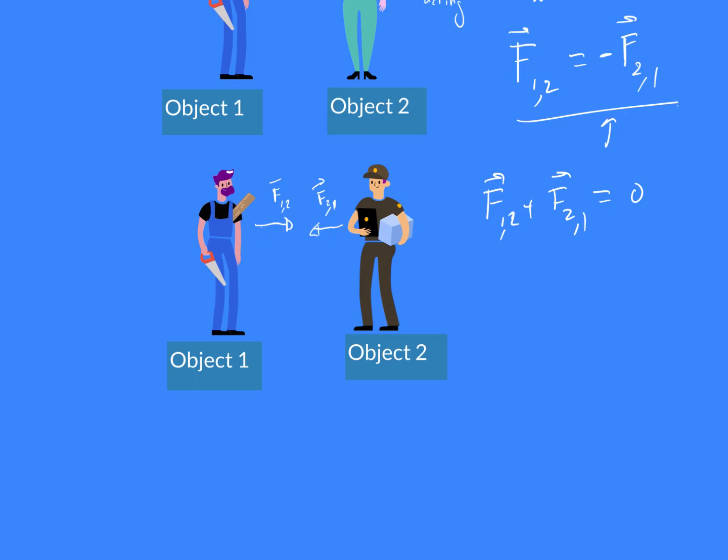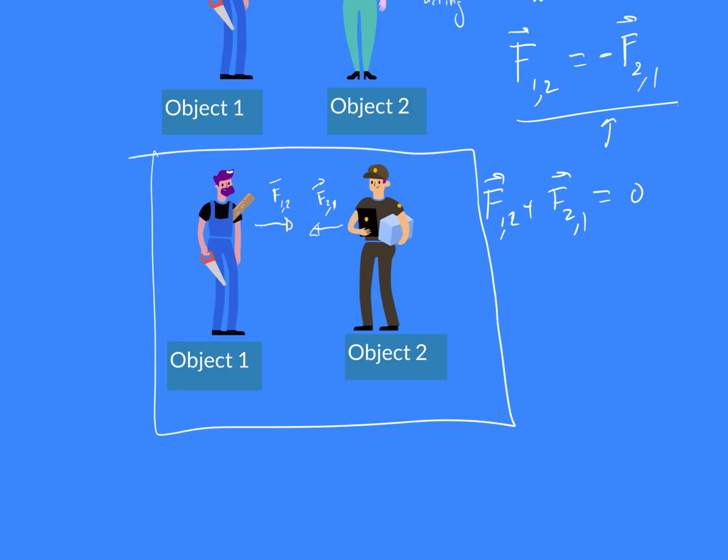The sum of the two forces will be 0. But what this means exactly is that if you put the two objects together and consider the system made by the two objects, these forces will be internal forces. And the sum of the two internal forces will be 0.